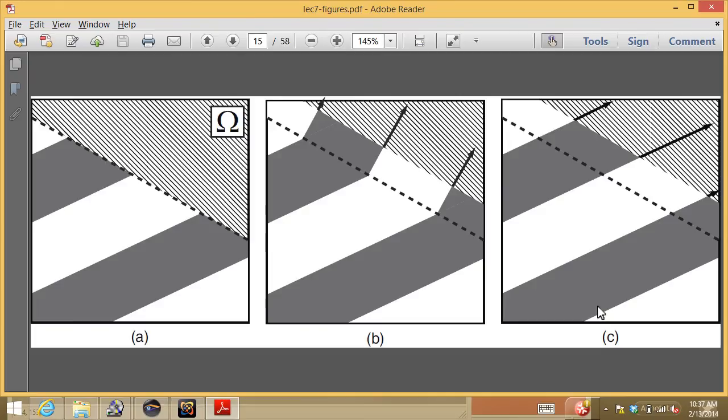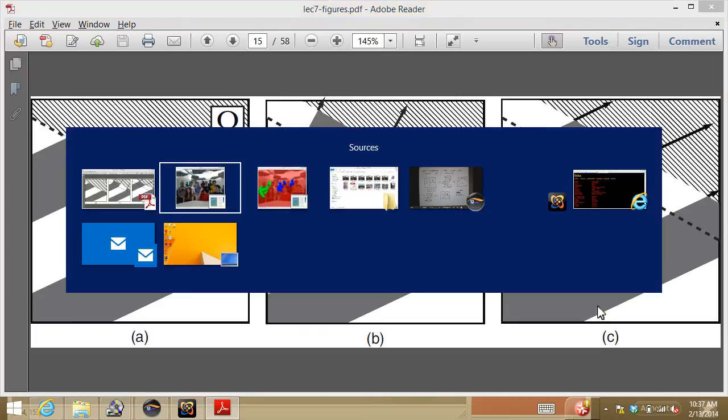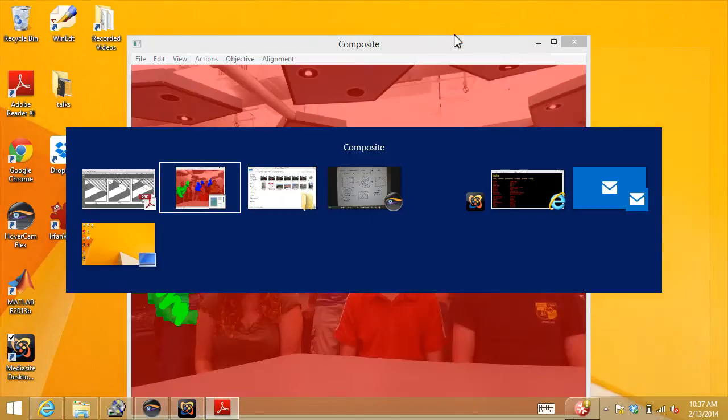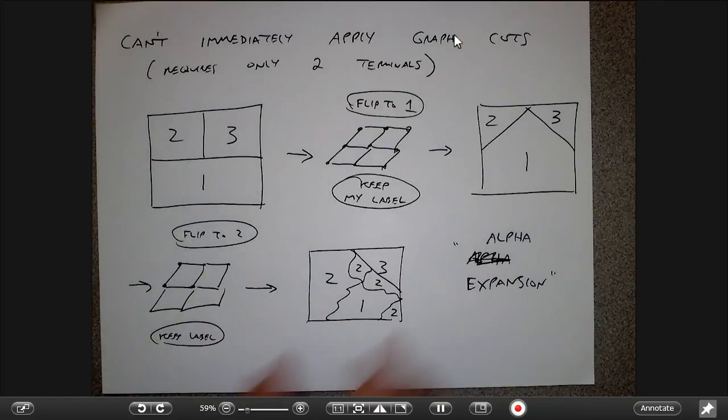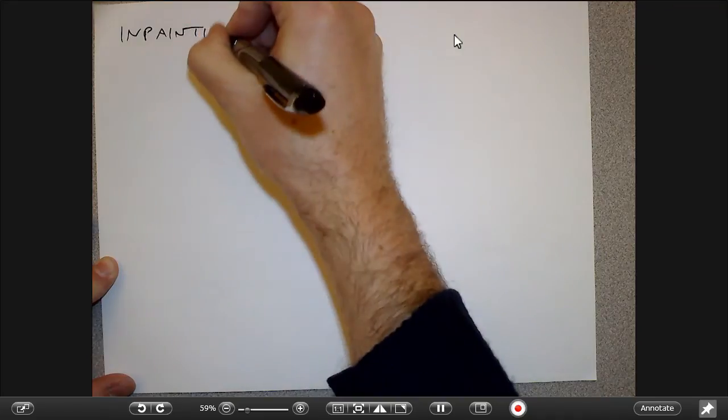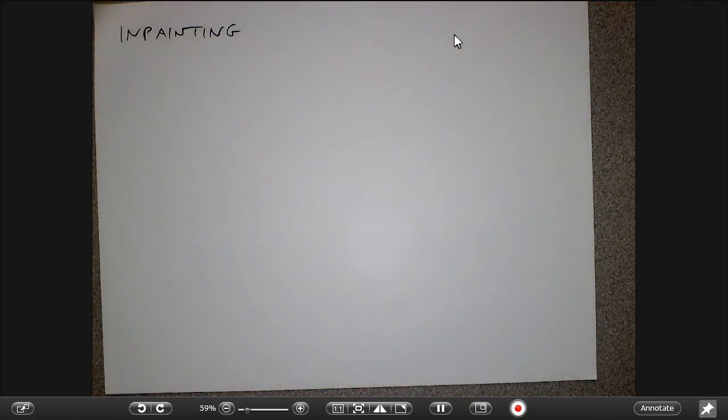Okay, so the next problem I want to talk about is called image inpainting. Inpainting is a word that actually comes from the art history world, where conservators of paintings had to deal with things like cracks and scratches in original paintings, and they needed to restore them to make them look as nice as possible, right?